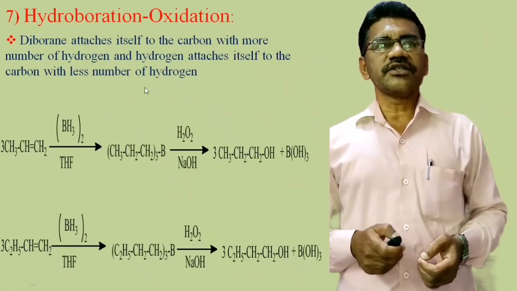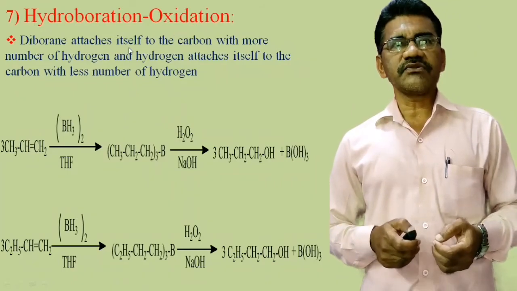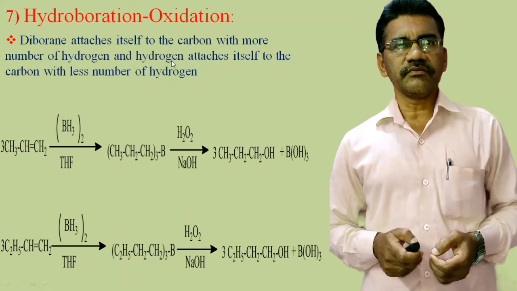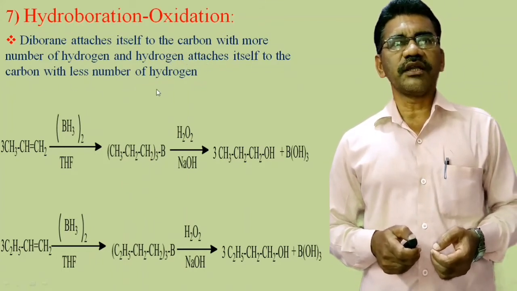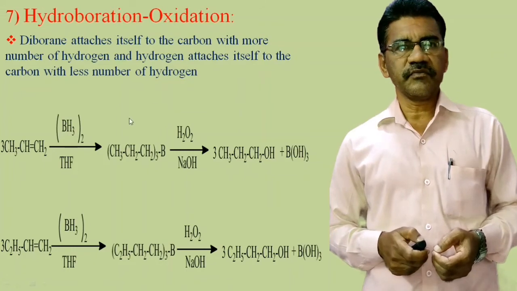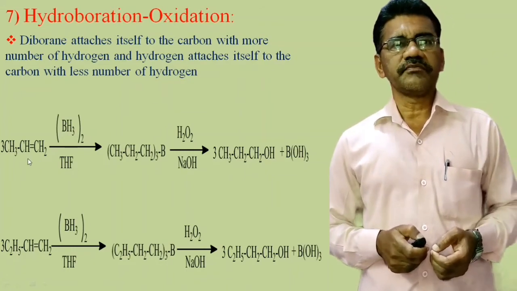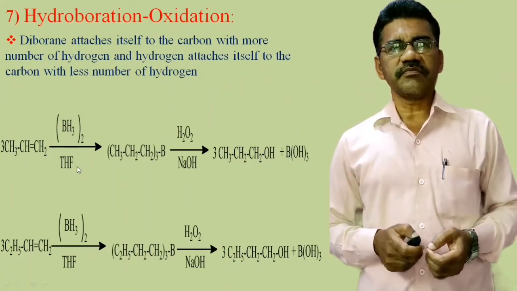Next reaction is hydroboration oxidation. Boron attaches itself to the carbon with the greater number of hydrogen atoms, and hydrogen attaches itself to the carbon with the lesser number of hydrogens. The first example is propene reacting with diborane in presence of THF.